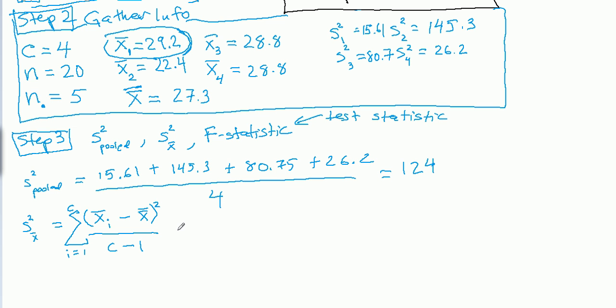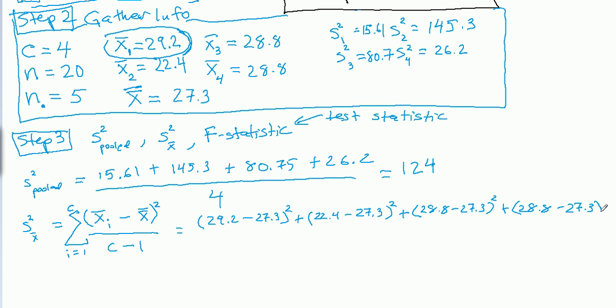Let's see how that actually pans out. We'll start with x bar 1, 29.2 minus x bar bar, 27.3, squared. Plus, that's what this E looking thing is, the capital sigma. x bar 2 is 22.4 minus x bar bar, that's still 27.3, that doesn't change, squared, plus x bar 3, 28.8 minus 27.3 squared, plus finally x bar 4, which is also 28.8 minus 27.3 squared.